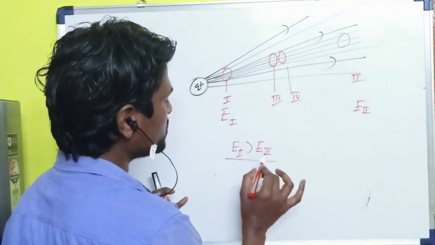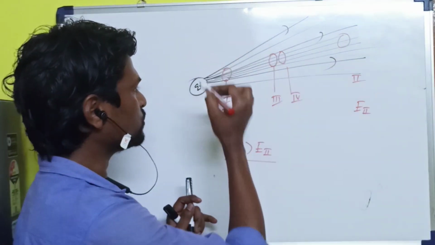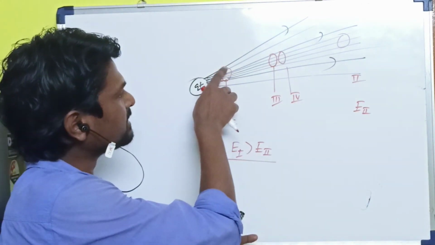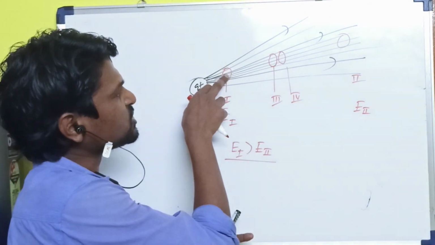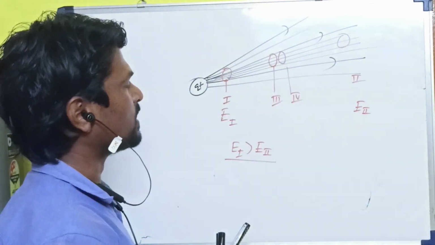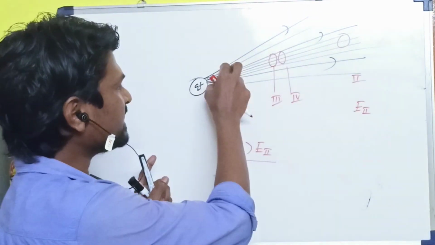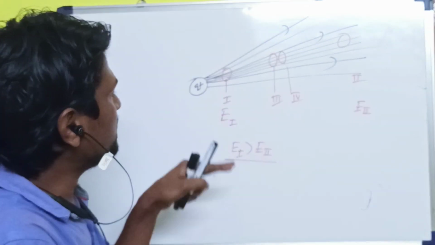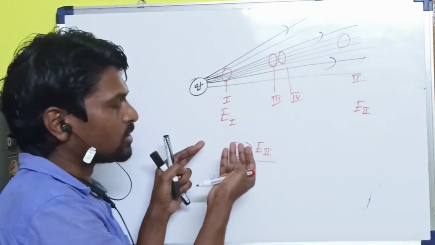And why? Because the number of electric field lines crossing that particular area is maximum with respect to this one. So where the electric field lines are gathered, at that particular position the intensity is also maximum.